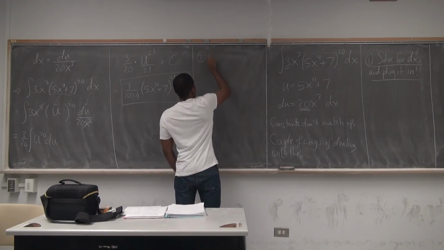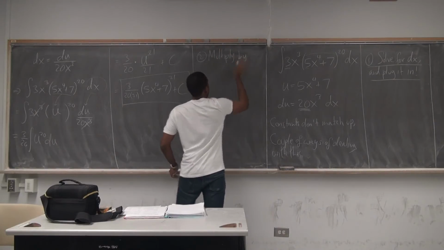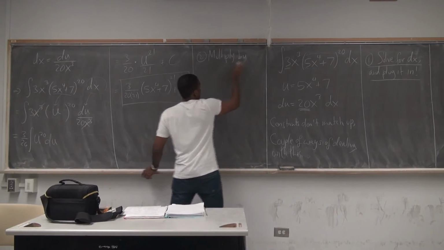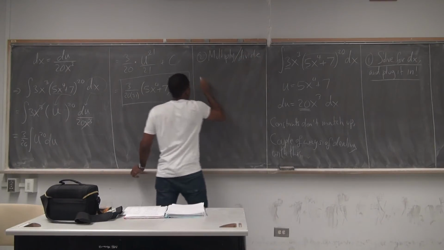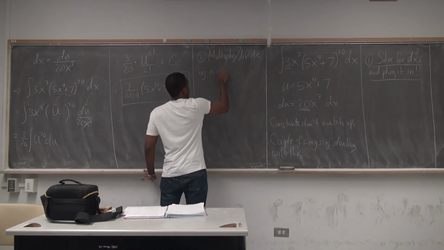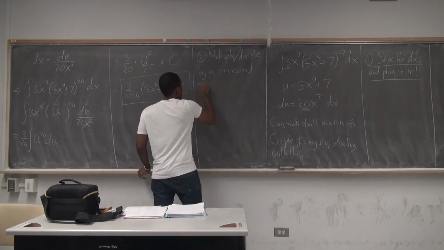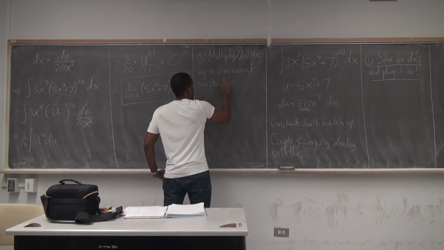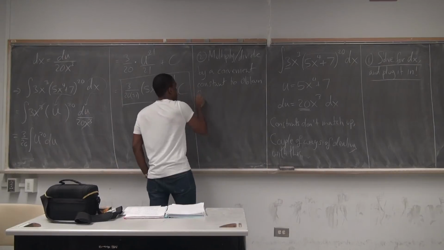Another way is to multiply or divide by a convenient constant, to obtain the constant that you want.